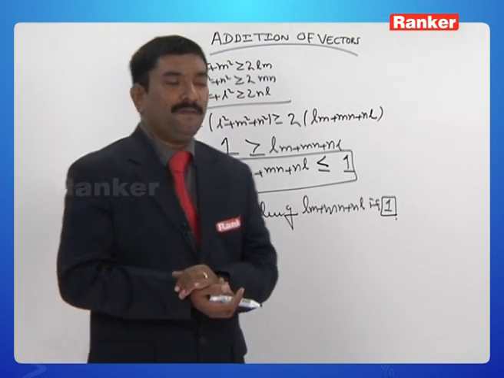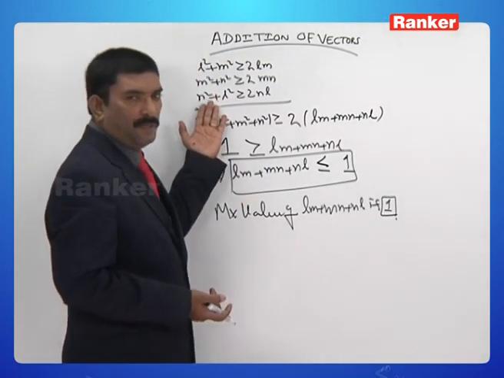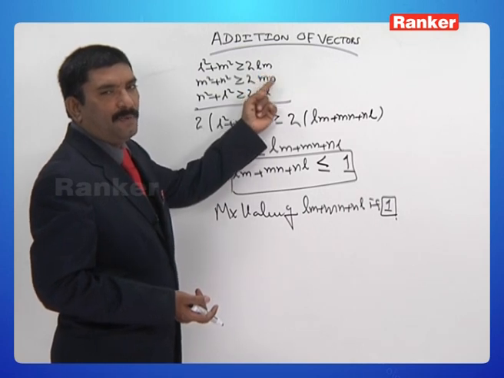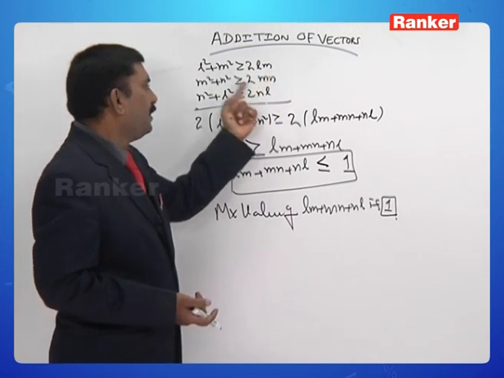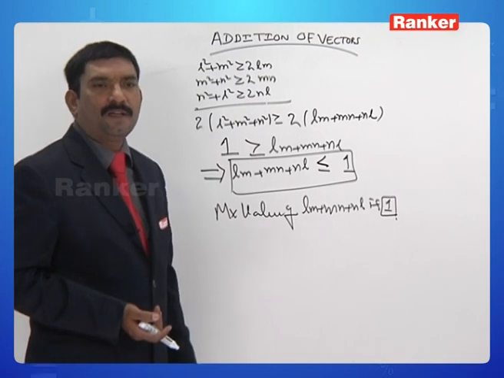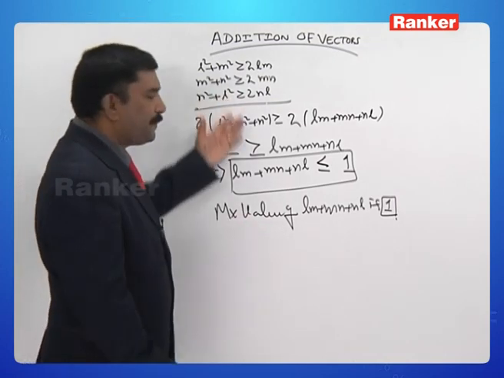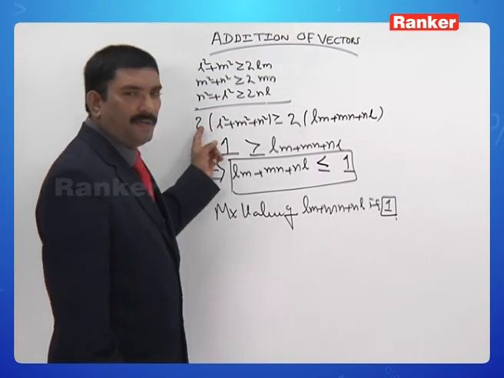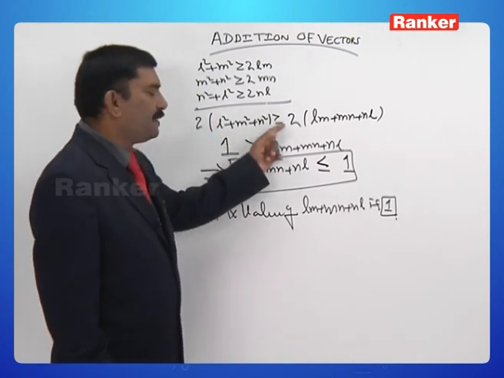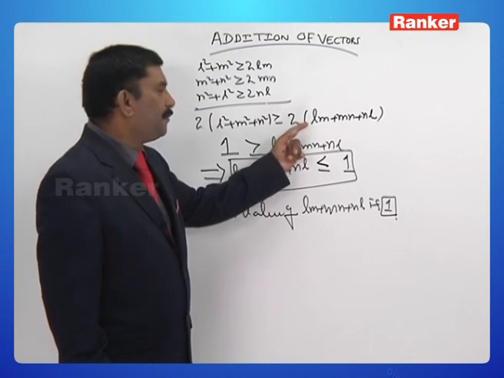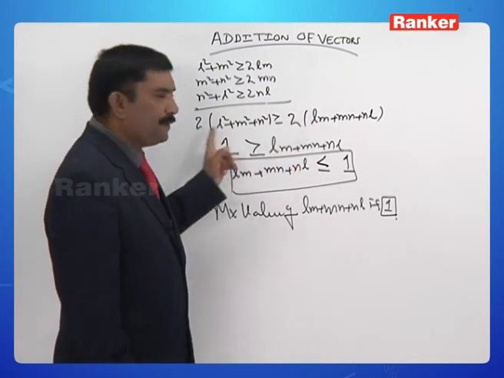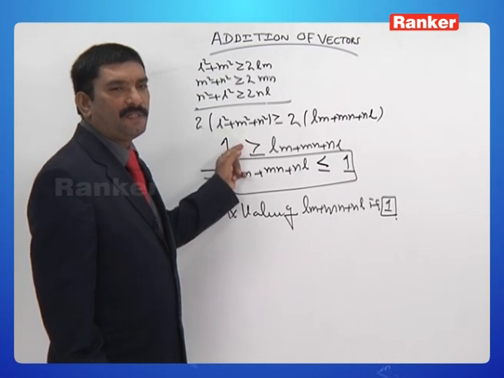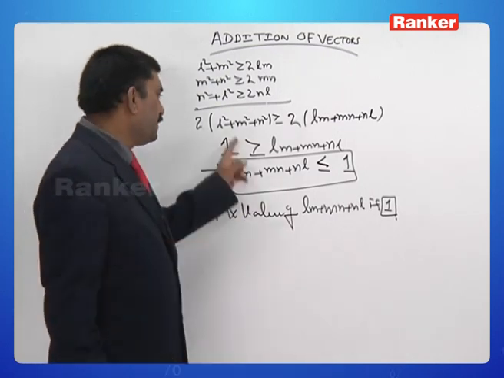Followed? So now I made use of that one, cross multiply. I got 2LM, square root of L square M square is LM, next MN, next NL, cross multiply 2 from the denominator. So add up, I added all these inequalities. Now 2 into L square plus M square plus N square is greater than or equal to 2 into LM plus MN plus NL, 2 goes, and we know that L square plus M square plus N square is equal to 1.